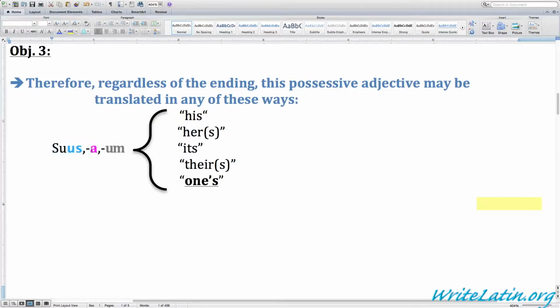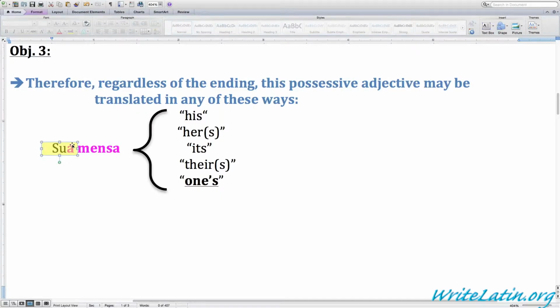So I'll just take a random one of these three. Sua. Translated his table. It could be translated her table. Could be translated its table, their table, or the best translation, because it gets the possessor's gender out of the way, as well as the number of possessors, whether they be singular or plural, is one's table. One's table lets you know that it's merely a third-person possessor, not a first person like meus, and not a second person like tuus.